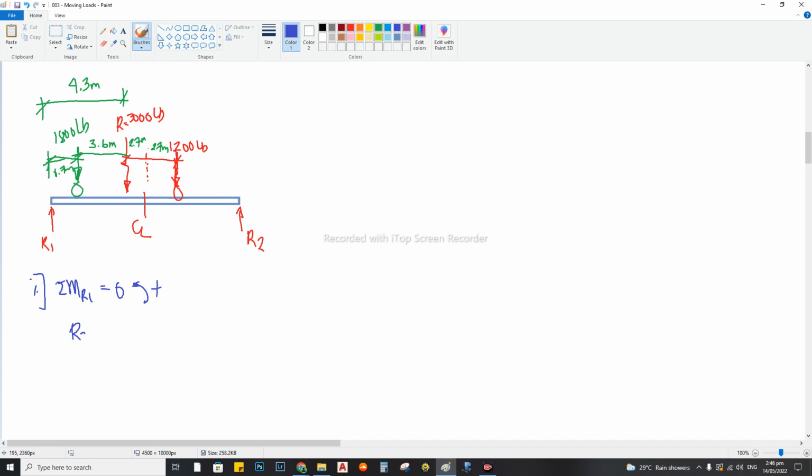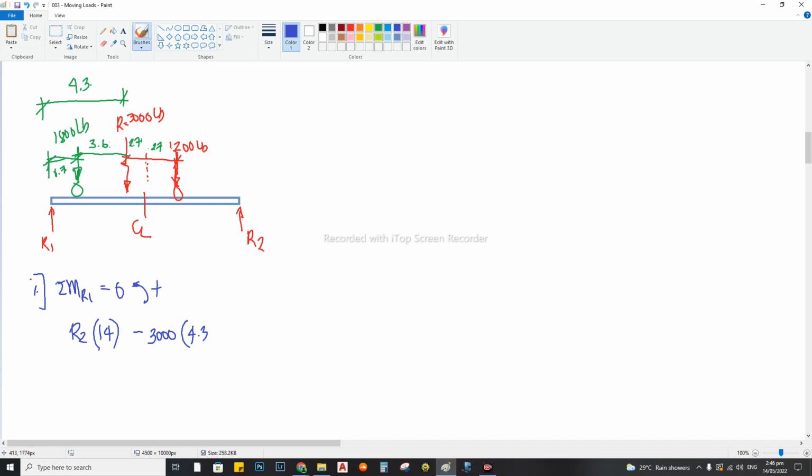So we'll have R2 reaction 2 times 14 feet. Then minus the resultant which is equal to 3,000 pounds times 4.3 meters. Pwede din siya meters. Feet din siya. Feet. This is feet. Yung unit. 4.3 feet.